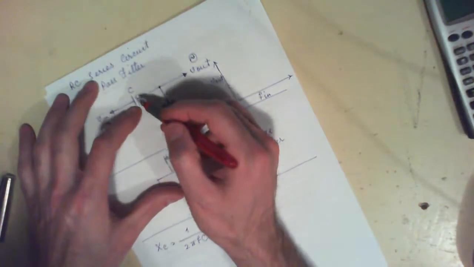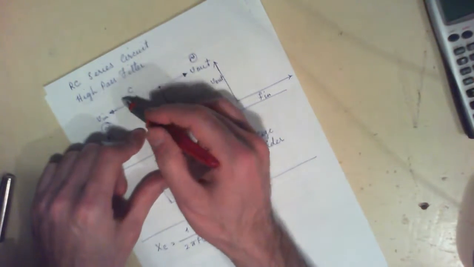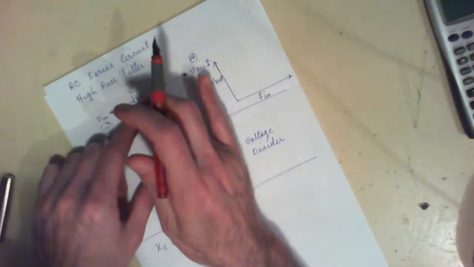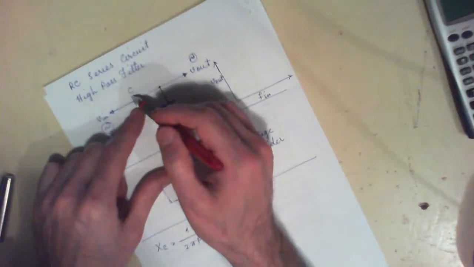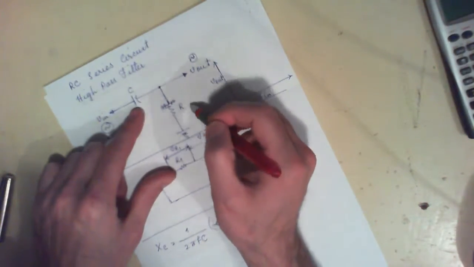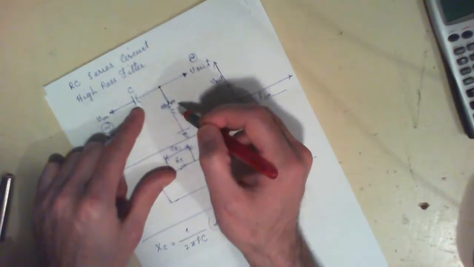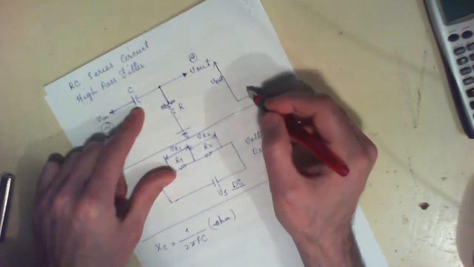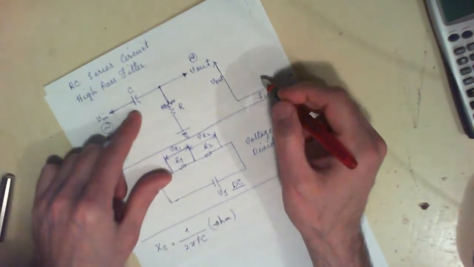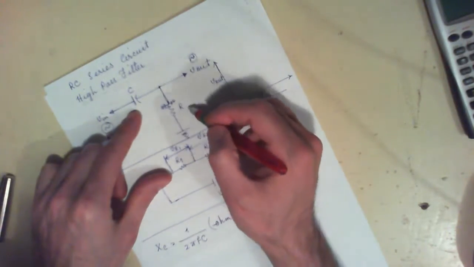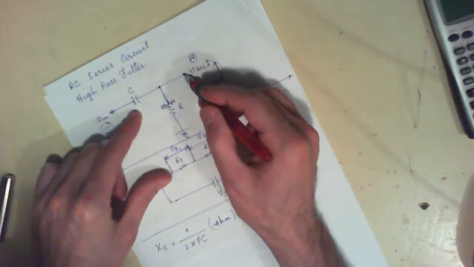With the decrease in the reactance of this capacitor, the voltage drop across the capacitor is decreasing, and the voltage drop across this resistor is increasing. So the more you increase your frequency, the more voltage you're going to have at your output.